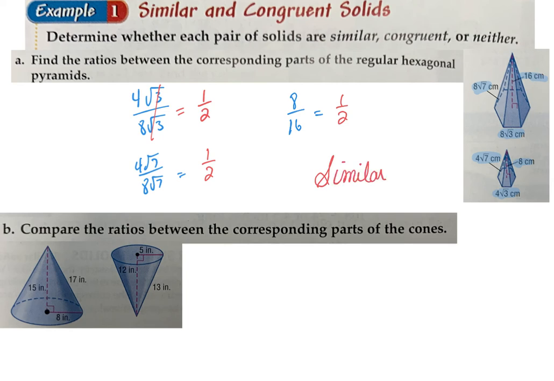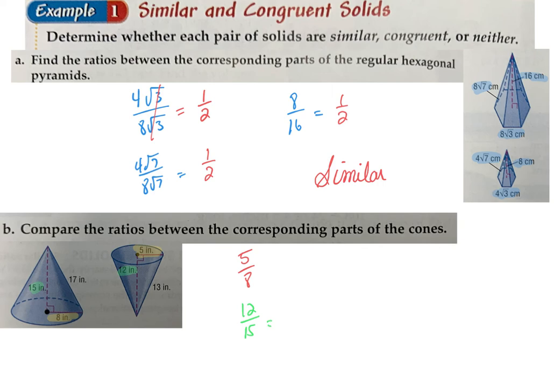Now the larger cone here. If I say I have 5 to 8, one thing you do need to watch is orientation for some of these. So 5 over 8, it doesn't reduce. Look at the next one. We have 12 over 15. Does that reduce?